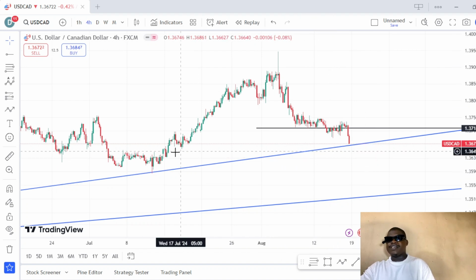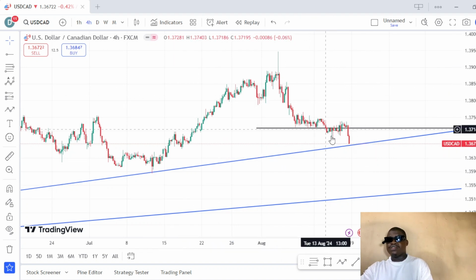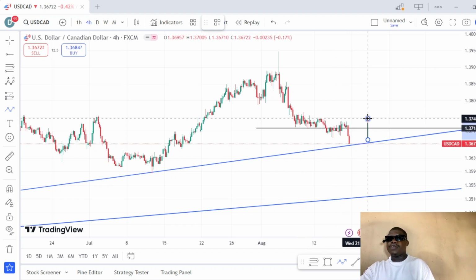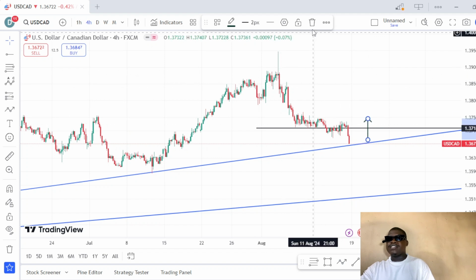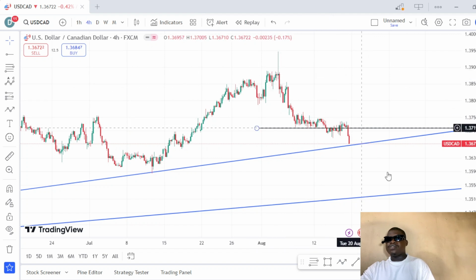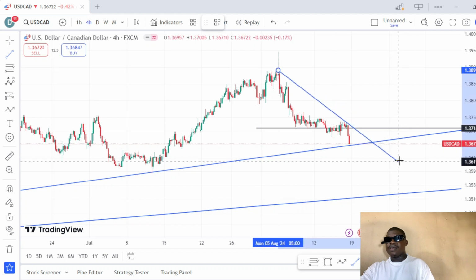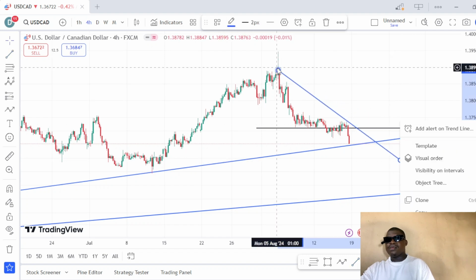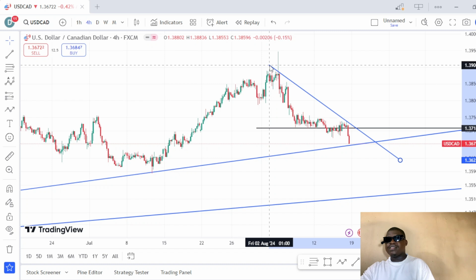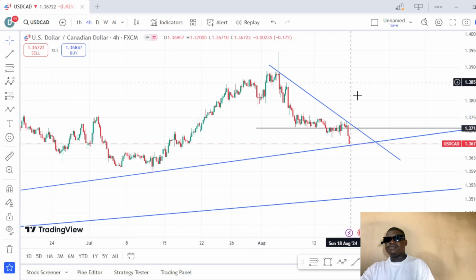But if the price decides to respect the retracement and resume its original trend, all you need to do is wait for the price to break above here, at the 100% retracement level right about here.